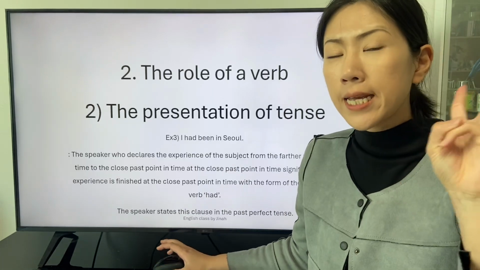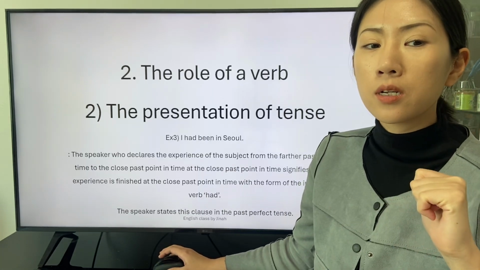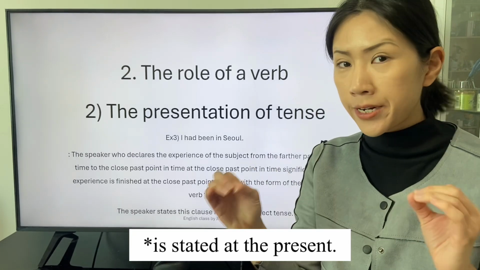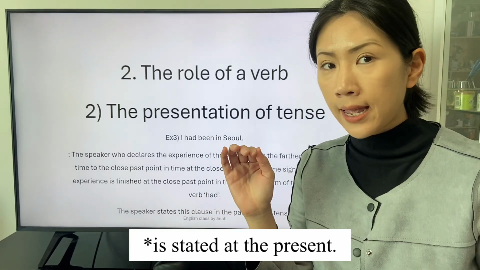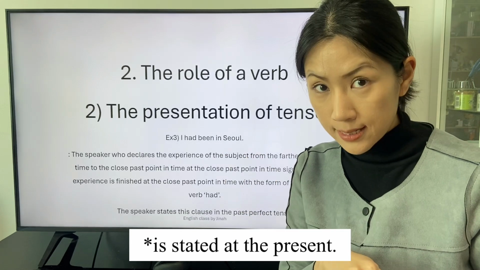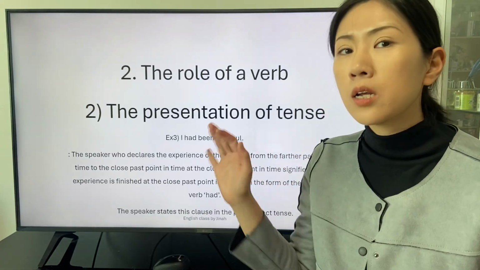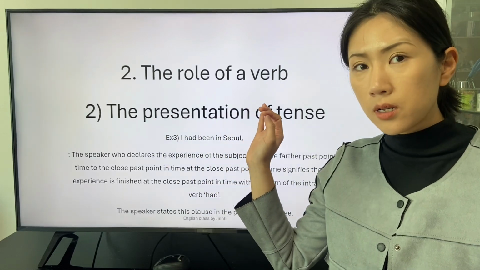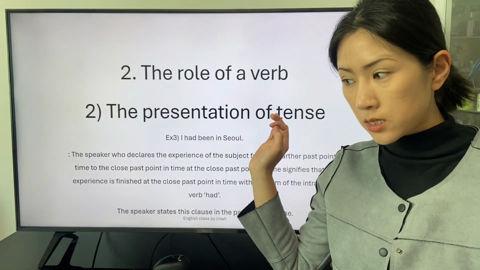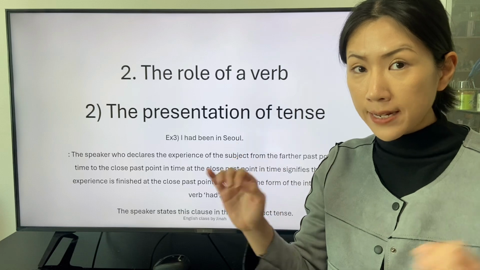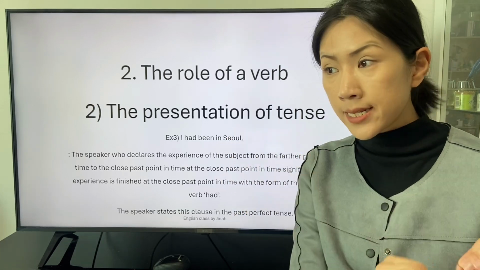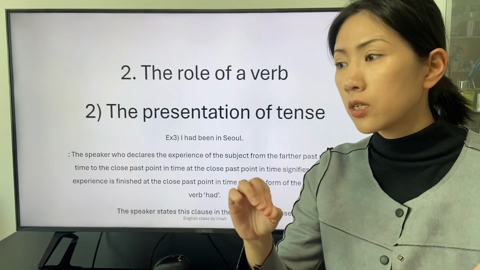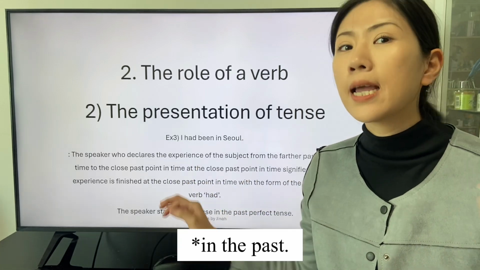The third exemplary clause, I had been in Seoul, is present. But the experience dealt with in this past perfect tense is declared to be completed.